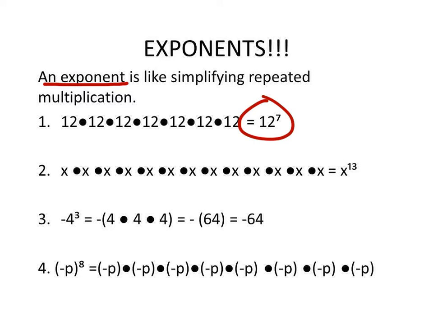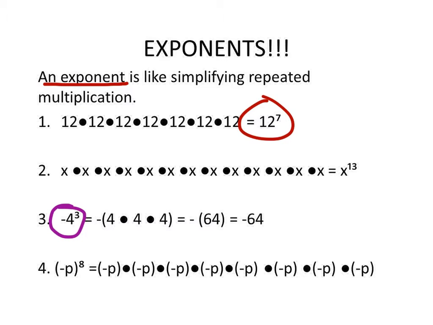So, another thing you do need to remember from the exponents is the negatives. Notice in number 3 here, the negative is in front of the 4, but there's no parenthesis. So this means that there's how many negatives in number 3? 1 negative. Okay?